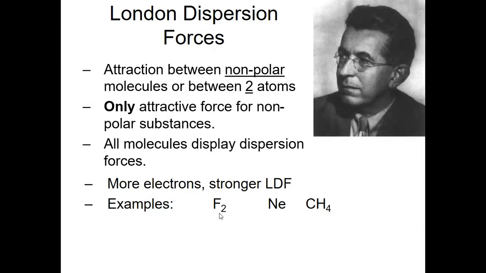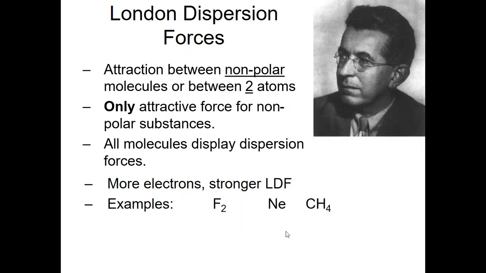Okay, so if we look at fluorine, fluorine is diatomic, and fluorine by itself has 9 electrons, but if we have a diatomic molecule, that means we have 18 electrons. Neon has 10 electrons. And then finally, carbon has 6 electrons, and each of those hydrogens has 1 electron, so that has a total of 10 electrons also.